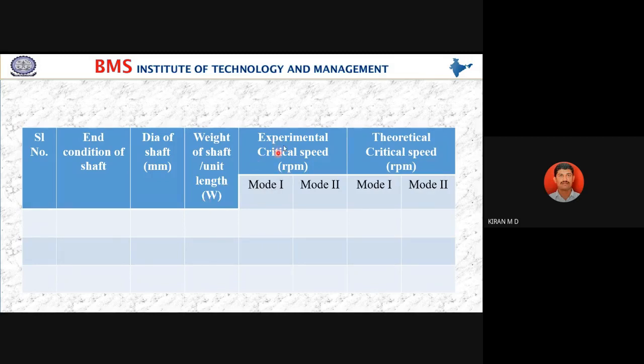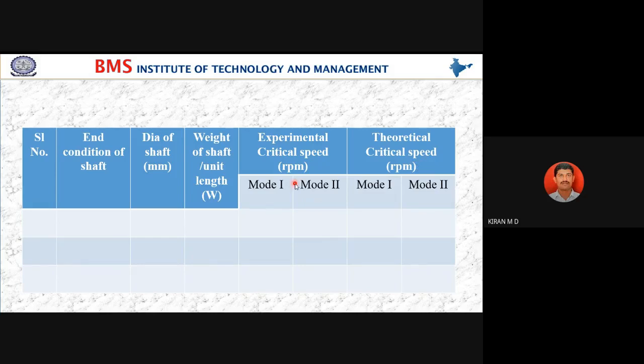Once you start the experiment, you note down what is the mode 1 speed, what is the mode 2 speed. Then by using the theoretical parameters, you should calculate the mode 1 and mode 2 theoretical speeds.